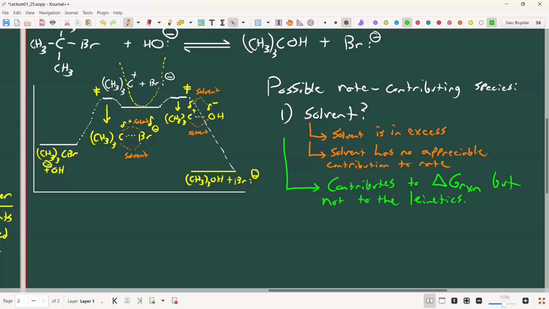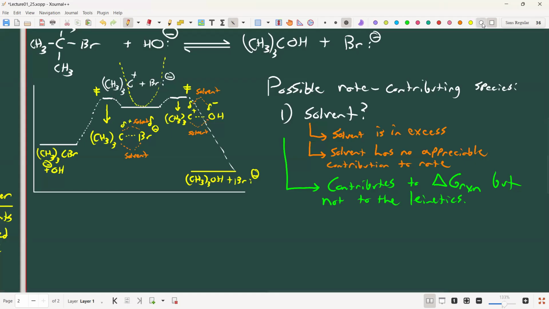The reaction doesn't want to go forward. So it contributes energetically to the system, but it doesn't contribute to the kinetics. The solvent will tell you how favorable this reaction mechanism is. Some solvents are favorable, some are not. And that is just a question about delta G, not about the kinetics necessarily. When we double the concentration of the solvent, we're not actually changing anything about the rate because it's in excess.